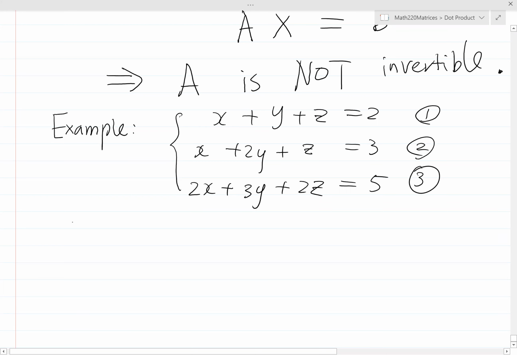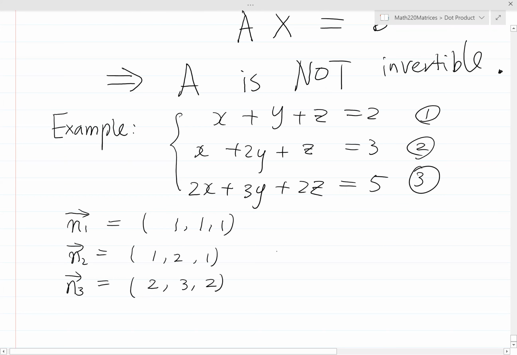The three normal vectors: n1 is (1, 1, 1), n2 is (1, 2, 1), n3 is (2, 3, 2). Any normal vector is not a multiple of another, so they are not parallel.